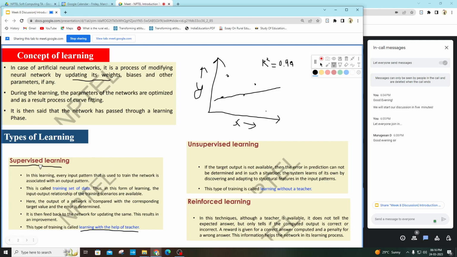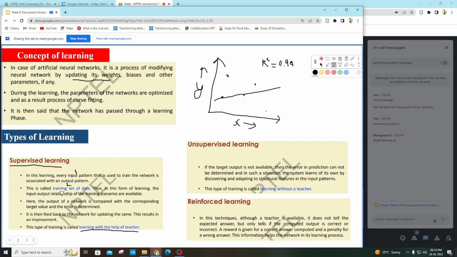In this learning, every input pattern used to train the network is associated with an output pattern. So we are giving both: one is the input pattern, second is the output pattern.